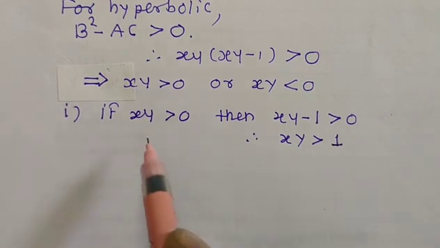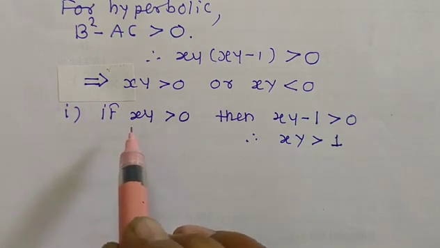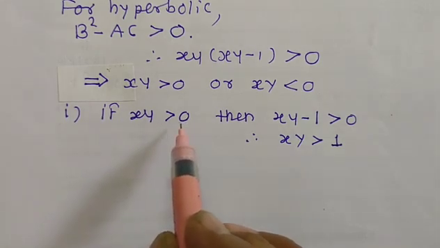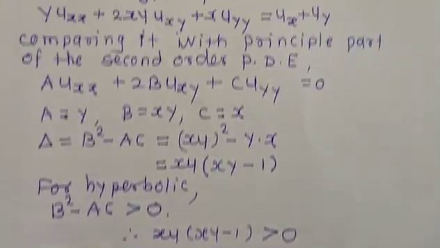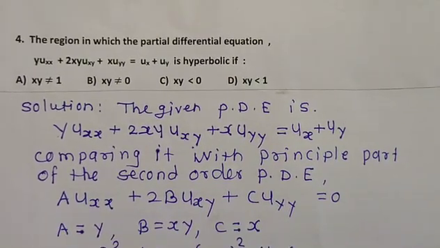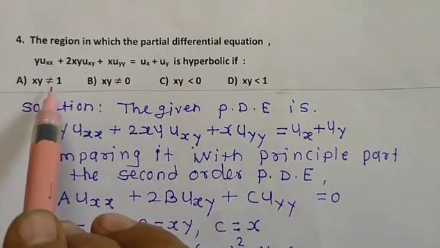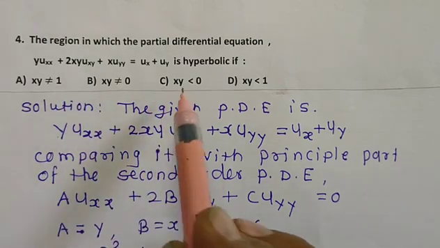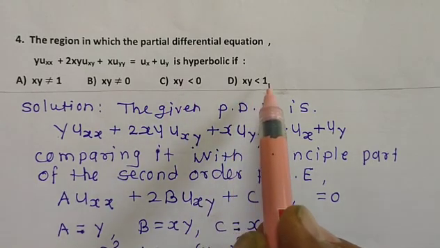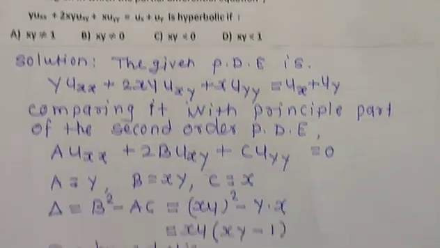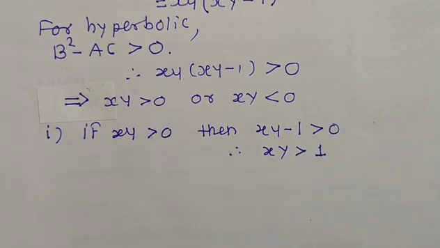But in options, there is no option given XY is positive or XY is greater than 1. See, these are the 4 options. There is no option which will say you XY is positive and XY is greater than 1. So definitely this assumption is not possible here.